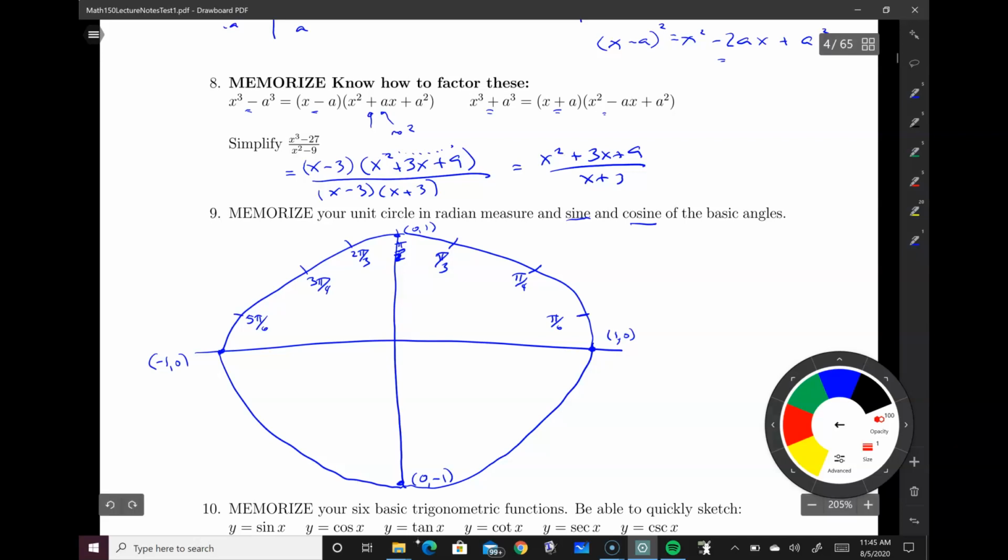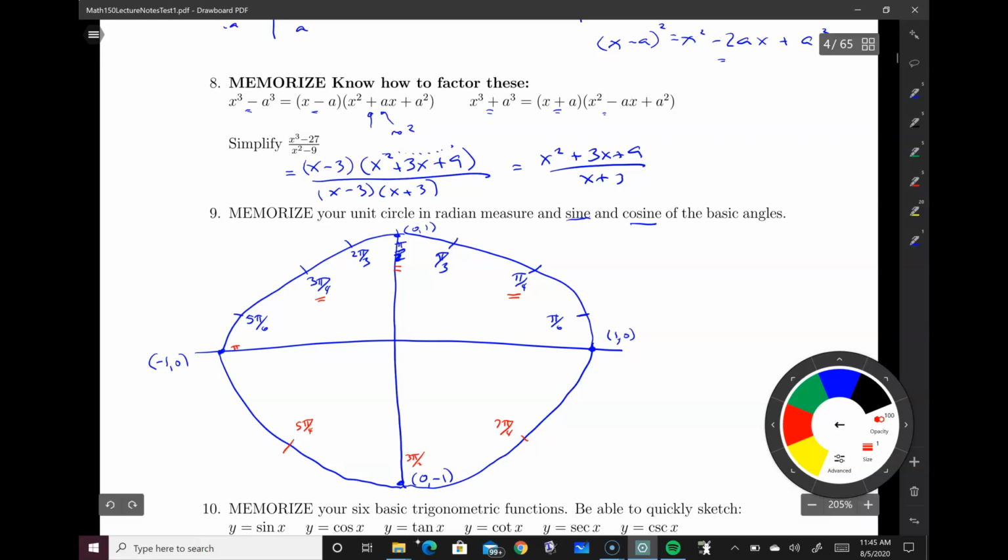Let me just investigate. So this is 1 pi over 4. This is like saying 2 pi over 4. Here's 3 pi over 4. 4 pi over 4 is pi. So then you can think of this as 5 pi over 4. 6 pi over 4 is 3 pi over 2. Here's 7 pi over 4, and then you get back to 2 pi.